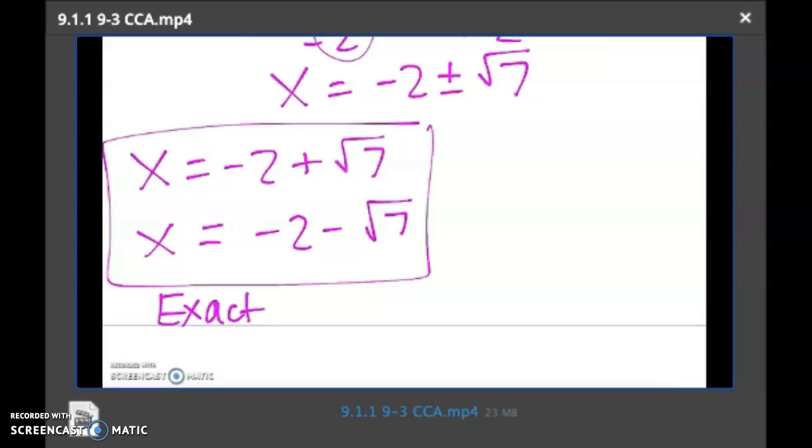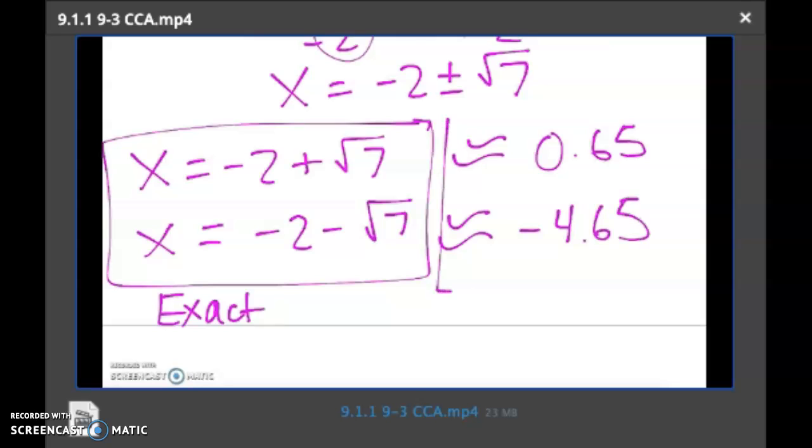And if I want to graph this, I would take negative 2 plus square root of 7, put it into my calculator, and that would give me approximately 0.65. I can do the same thing with the second root, take negative 2 minus square root of 7 in my calculator, and that would give me approximately negative 4.65.